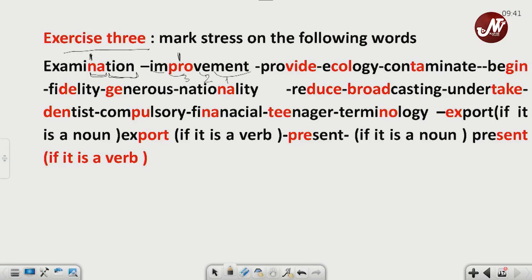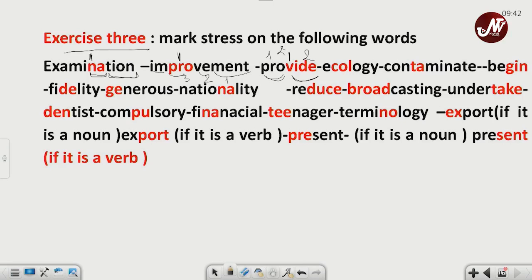The third syllable, improvement. Then we have the verb to provide, two syllables, so we stress on the second syllable. This is the first syllable, this is the second syllable, we stress on the second.